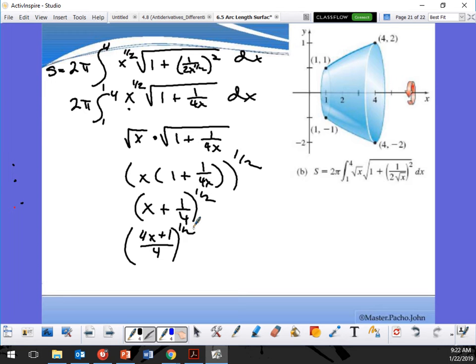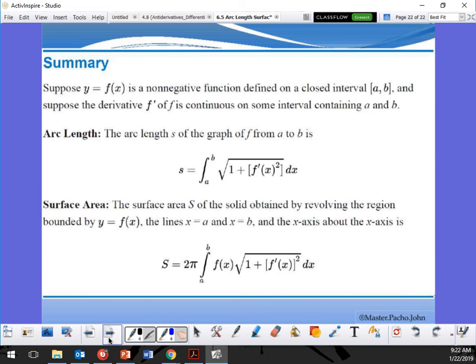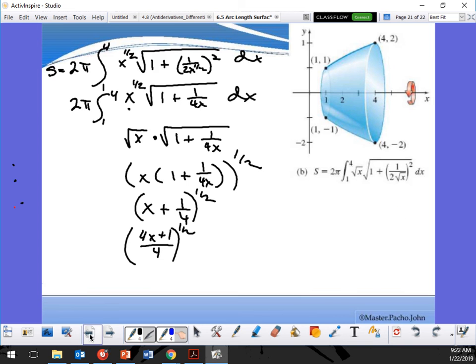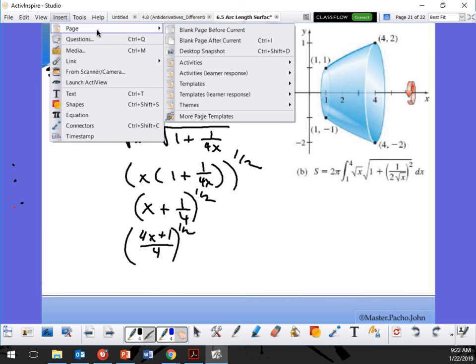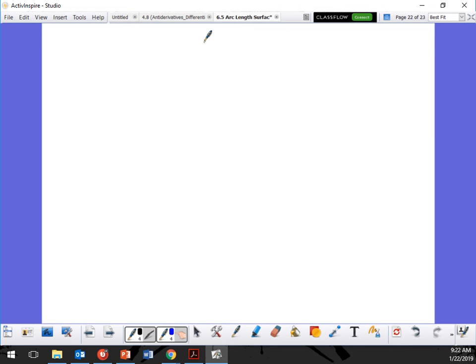Okay, good. So now I still have my 2 pi 1 to 4, and now this whole thing turned into 4x plus 1 over 4 to the 1/2 dx, right?